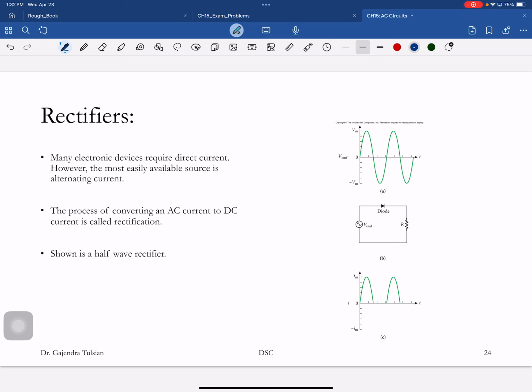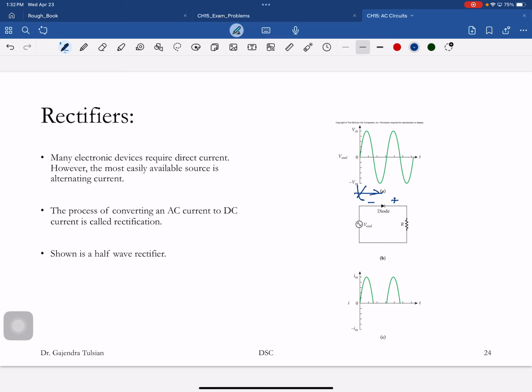So this is a diode, and it's sort of a gate. If this end is at a positive voltage and that end is negative, it'll let a current pass through. If this end is connected to the negative terminal of a battery and this end is connected to the positive terminal of a battery, no current flows through.